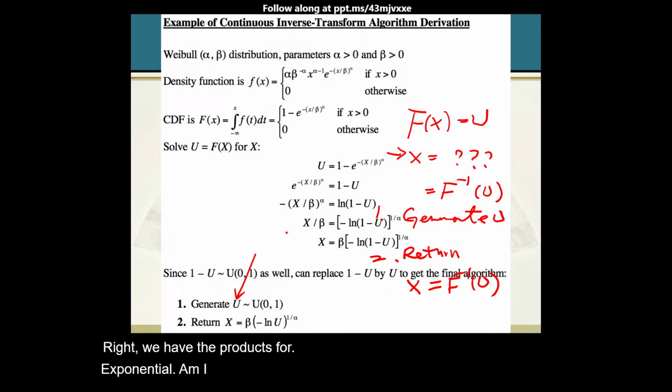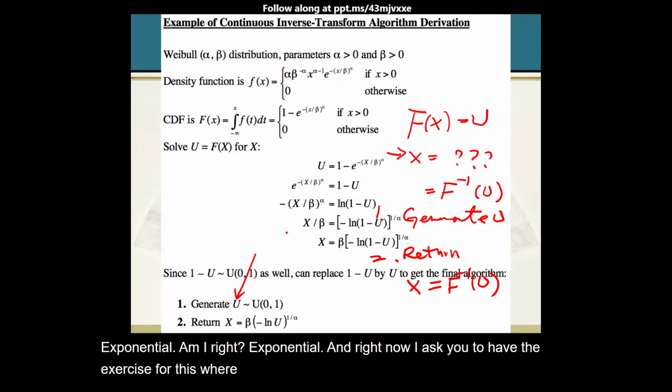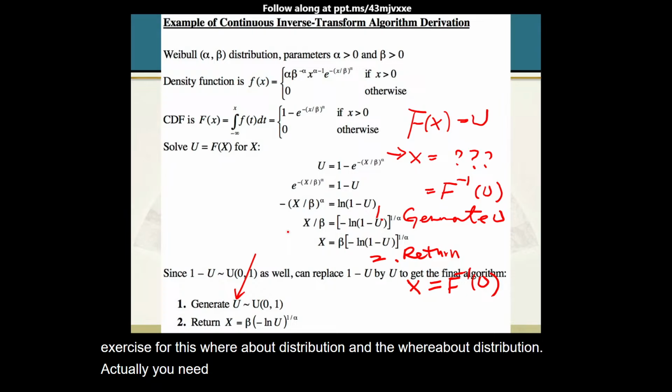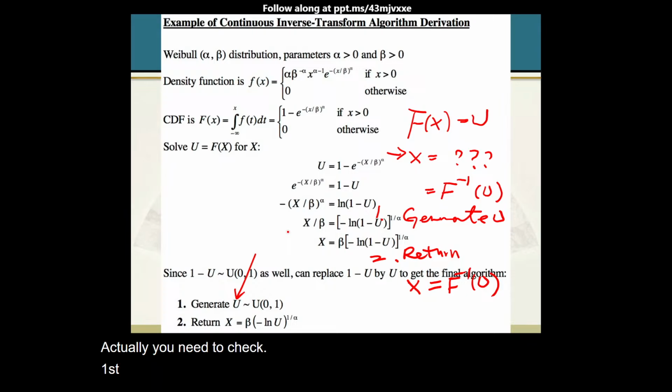And right now, I ask you to do the exercise for this Weibull distribution. And for the Weibull distribution, actually, you need to check. First of all, can you derive the CDF from the PDF? All right.